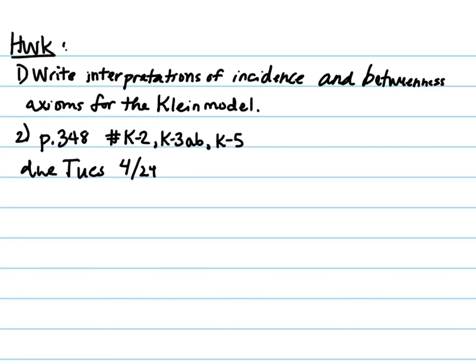All right, we're going to change models. We've got a pretty good feel for the Klein model now. We're going to take a look at a model where we still have this circle and we're trapped inside of this circle, but our lines don't quite look the same. So we're going to take a look at the Poincaré model.